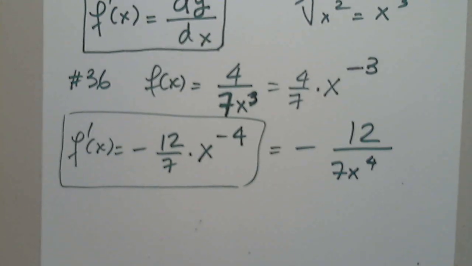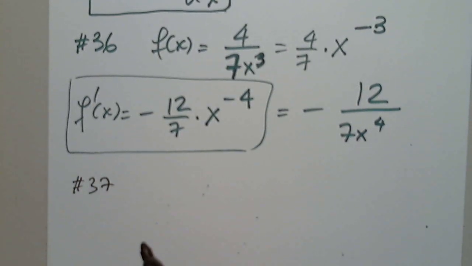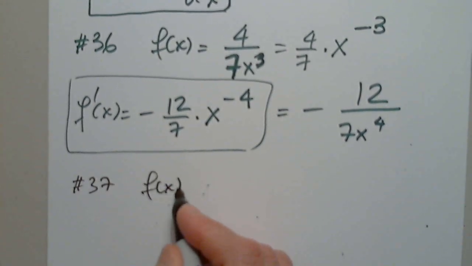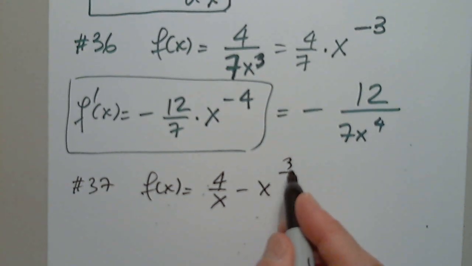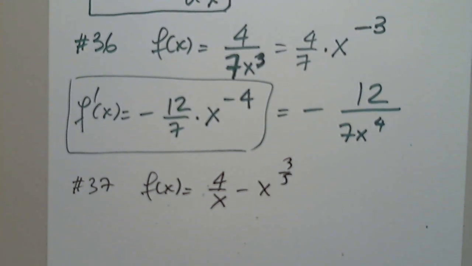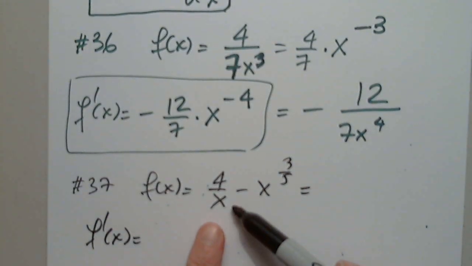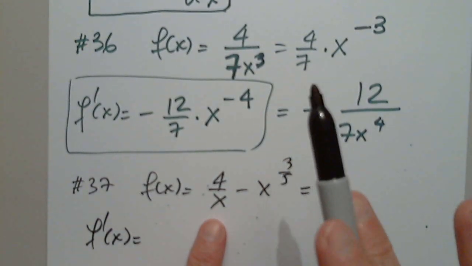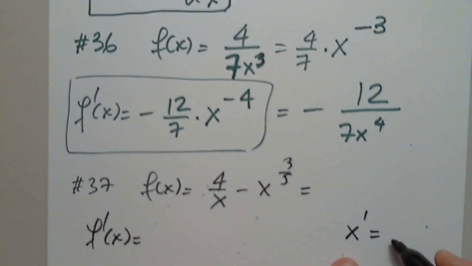Let's look at 37. 37 has f of x equals 4 over x minus x to the 3/5. We want to differentiate, so let's find f prime of x. Now, this is not a difficult situation, and I would like us to remember that x prime is, how much did we say?